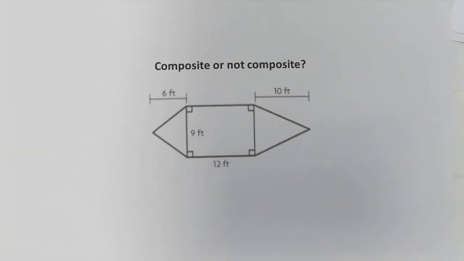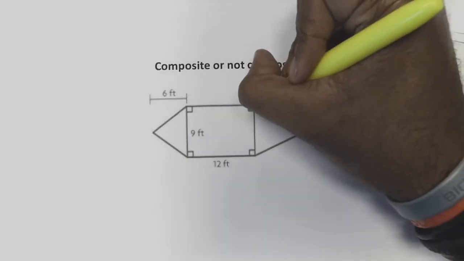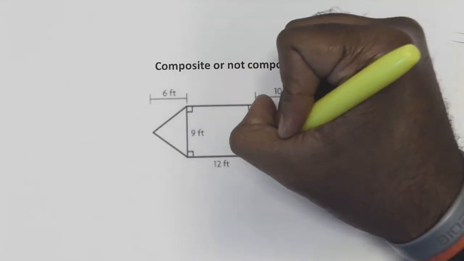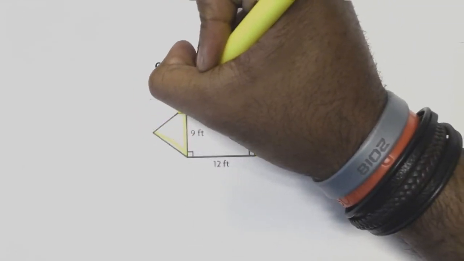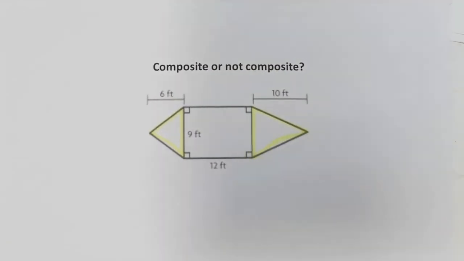So I have my triangles. And then I have my rectangle. Good job. Let's try another one.